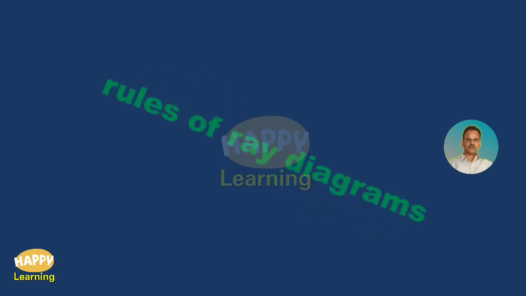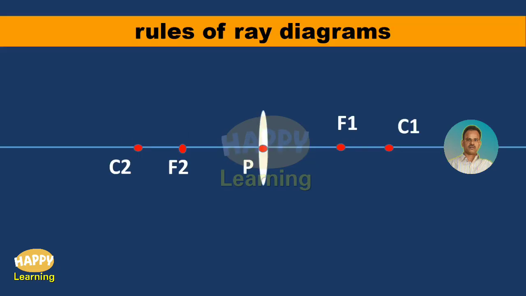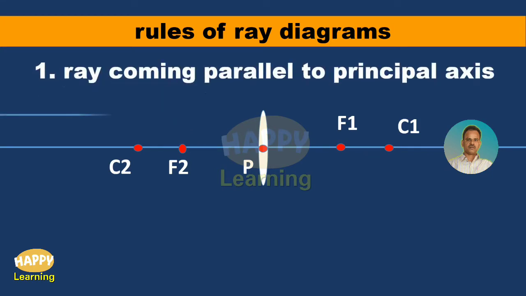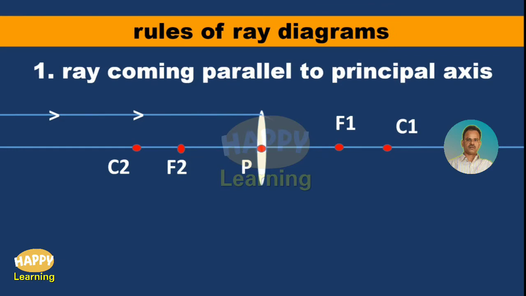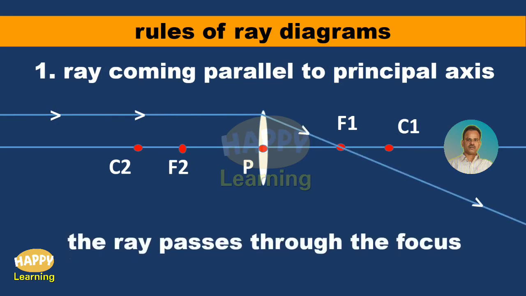Rules of ray diagrams. First rule: ray coming parallel to the principal axis. This ray passes through the lens, refracts, and passes through the focus on the other side of the lens.